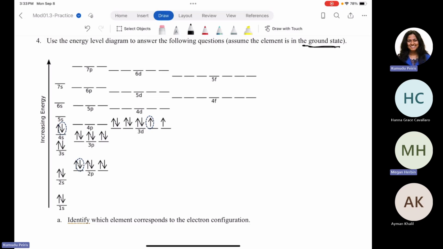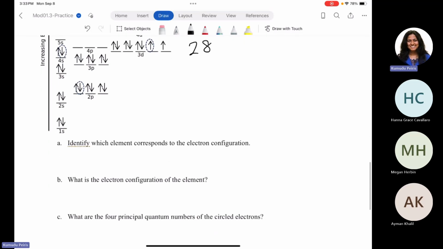So you count the number of electrons and you get the atomic number. When you count this, you will get 28. So the atomic number 28 belongs to nickel.